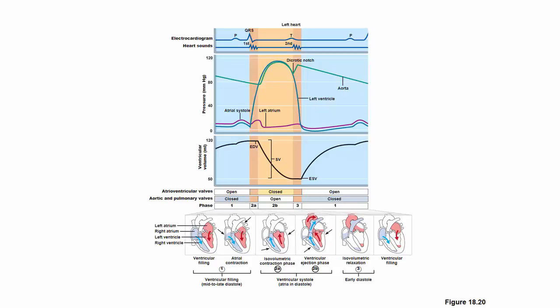Because we've talked about EKGs, we've talked about heart sounds, we've talked about pressures inside the atria, we've talked about pressures inside the ventricles, we've talked about volumes of blood inside the ventricle, and we've talked about blood flow. And you have to be able to think about how all of these things are occurring and what things are occurring at the same time, okay?